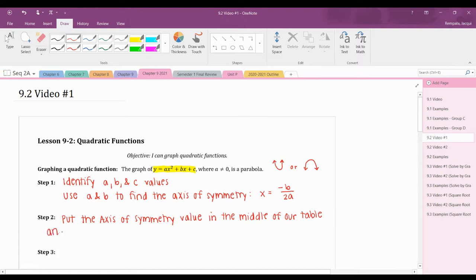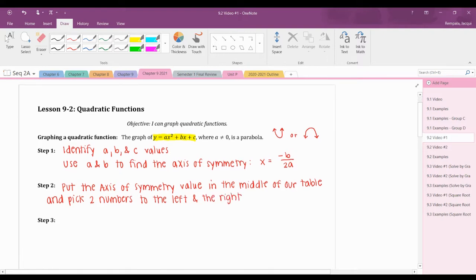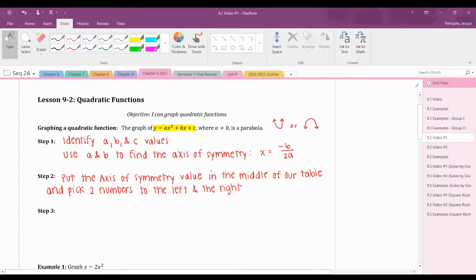And pick two numbers to the left and to the right. And then finally, in step number 3, we're going to find the 5 ordered pairs from the table.